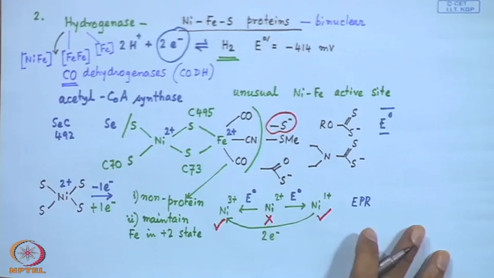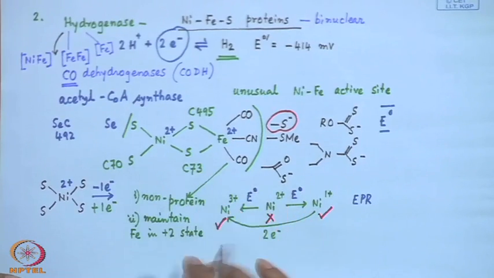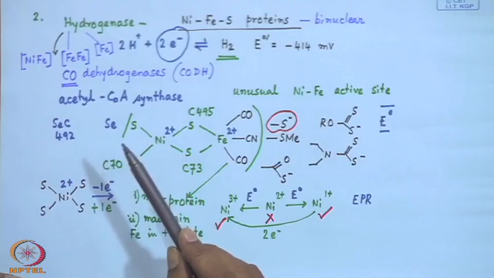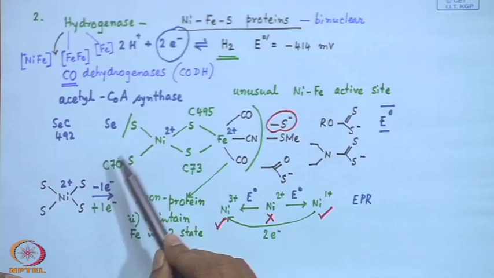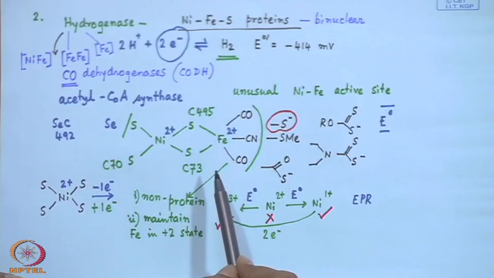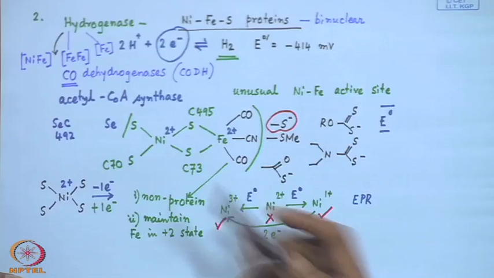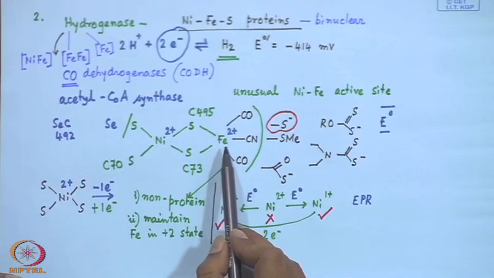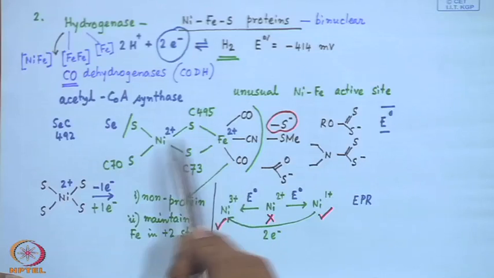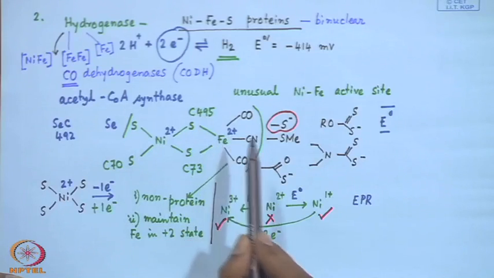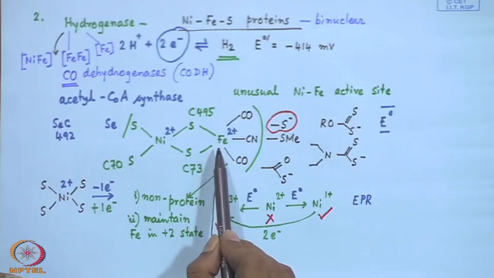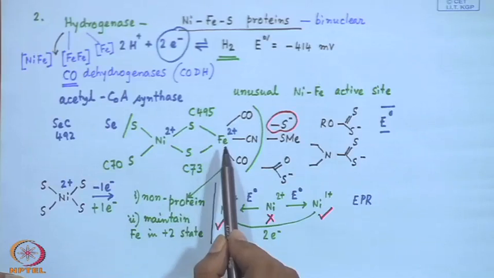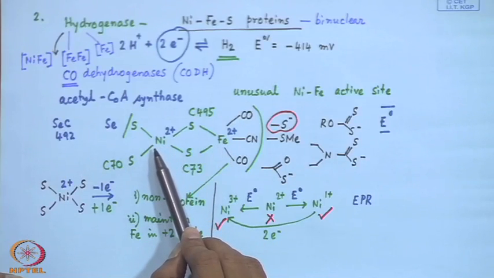Once you know the basic structure in this fashion, identification of all these positions around iron will immediately tell you where you basically get the redox activity. Both the metal centers are redox active, so whether you get the corresponding redox activity from the iron center or from the nickel center.